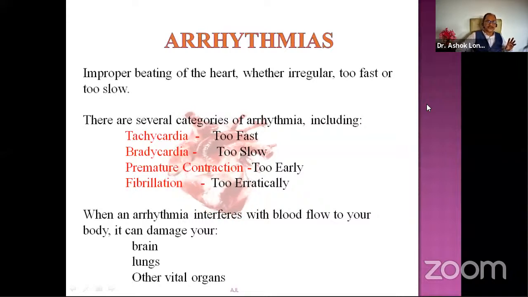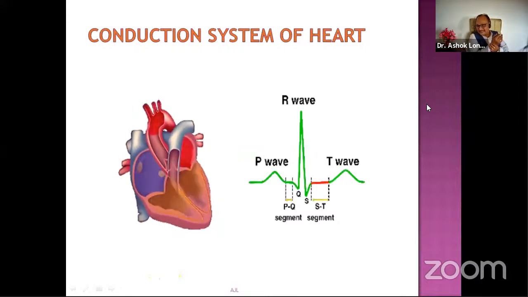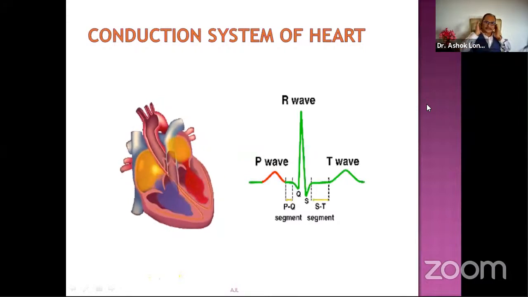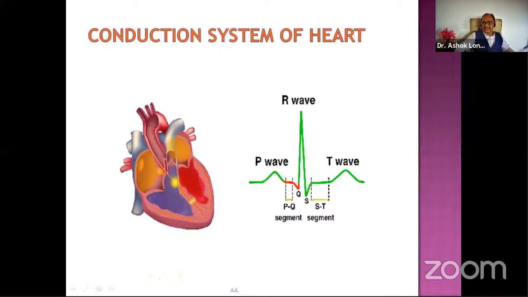So Vanvayu, which we are talking about, flows and contributes to sending everything to the body. Here I take the Vanvayu as the conduction system of the heart, which actually helps to send the blood all over the body. And the Vanvayu does the same.